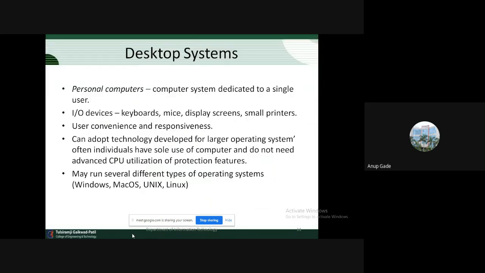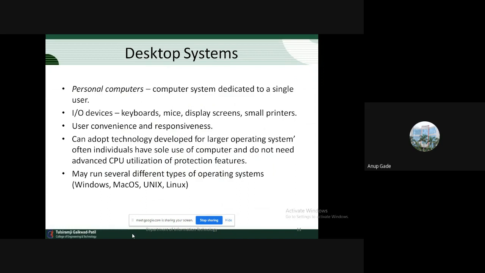Now, as I already told you in the first video, we have seen mainframe computers, multi-programming operating system, and time sharing system. Now let us talk about desktop system. Desktop systems, in other words, are personal computers. A computer system dedicated to a single user, in which IO devices are keyboard, mouse, display screen, even a small printer.